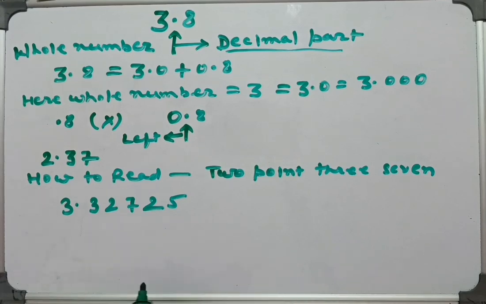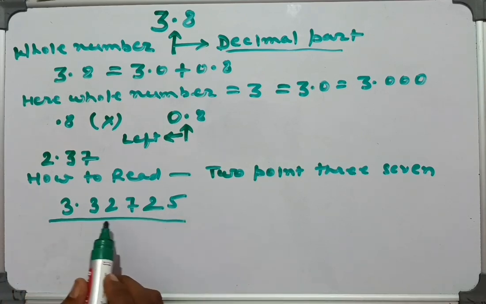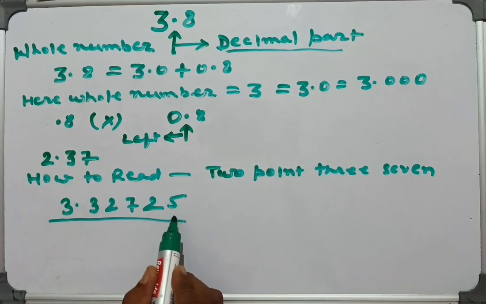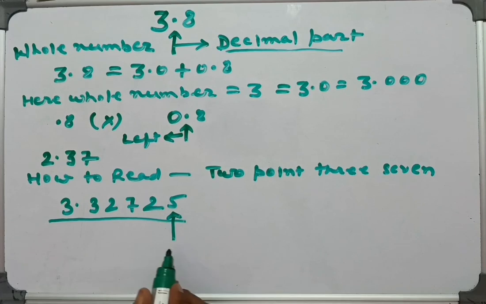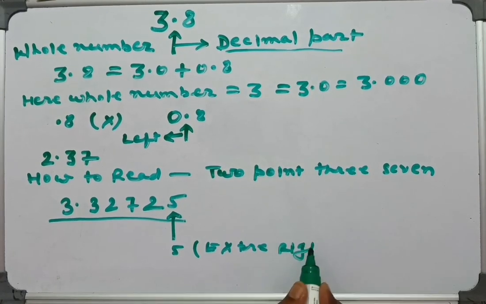In an examination or any competitive examination, you may be asked what is the extreme right digit of this decimal number. So extreme right, this one is the extreme right digit here, which is 5.